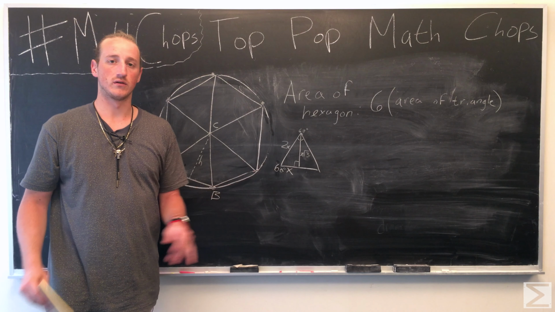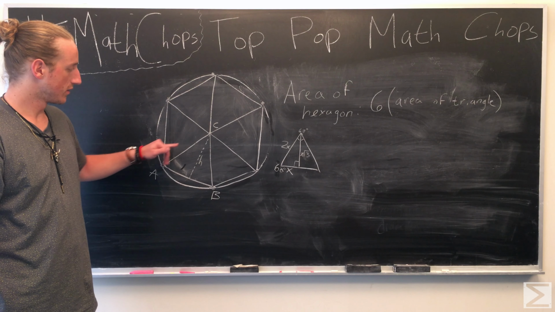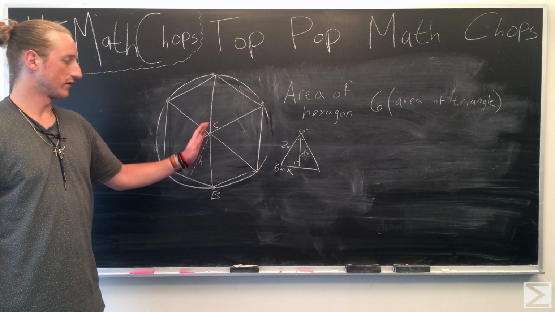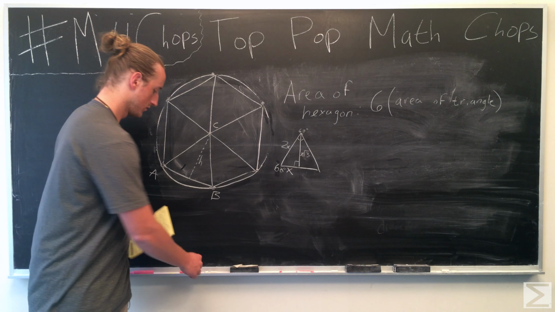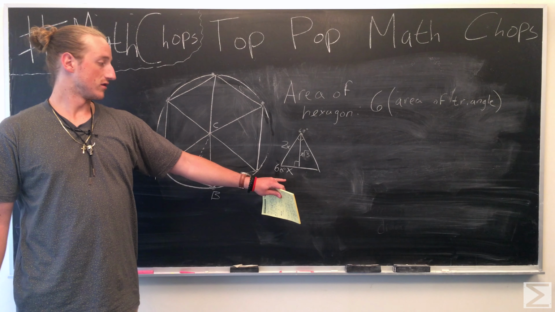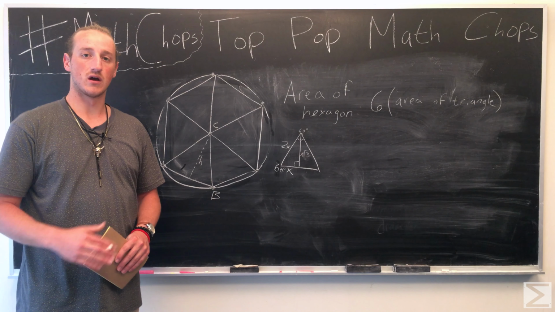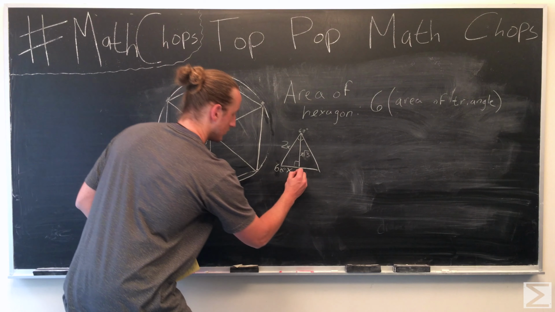So we know these are equilateral triangles, so we know that every length of the triangle is the same. So this radius is also going to be the base of the full triangle. So this x here is going to be half of the radius.